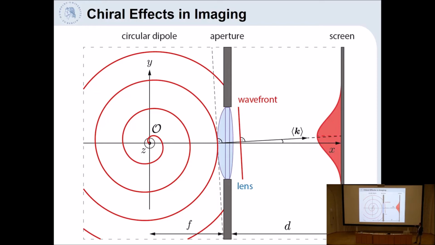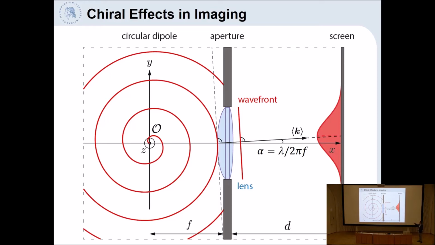And this angle alpha can be easily computed or even read from this picture here, because what happens is that I make 1 lambda of progress when I go once around the emitter, okay? So that means the angle alpha is just lambda over the circumference here at the lens, which is 2 pi times the focal length. So then you see that if I make my focal length longer, my angle alpha gets smaller.